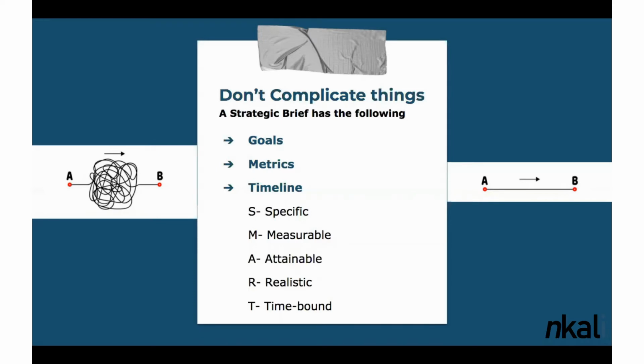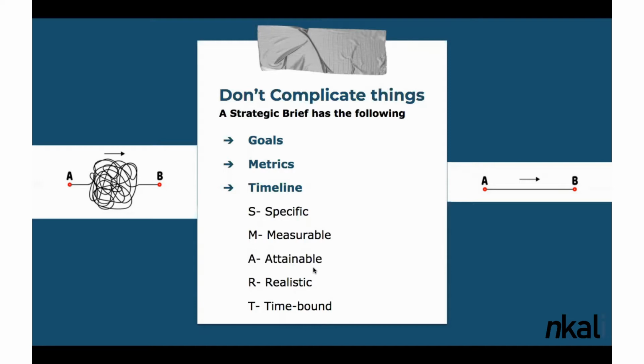Basically, what are the numbers and what are the timelines? Most of us know what a SMART goal is: it is specific, measurable, attainable, realistic, and time bound. So every strategic brief that you're working on should be time bound, realistic, etc., right?